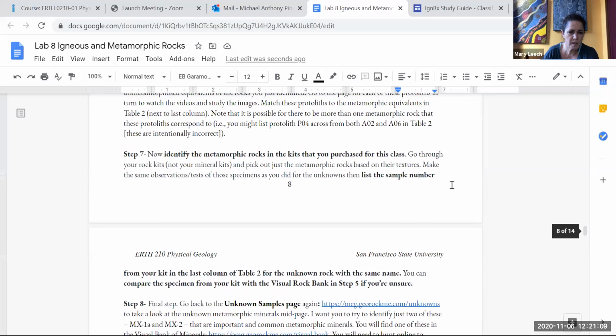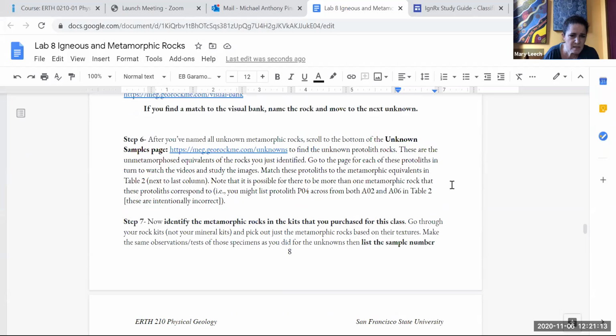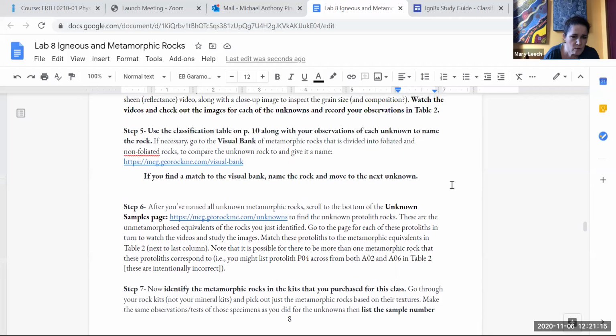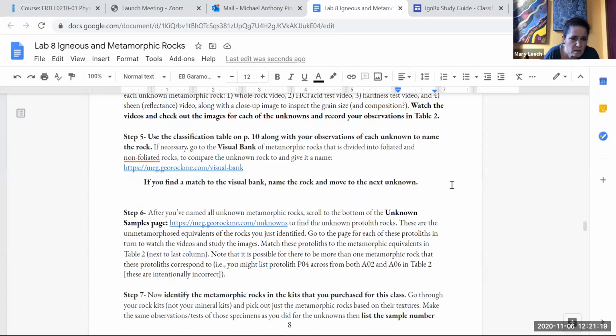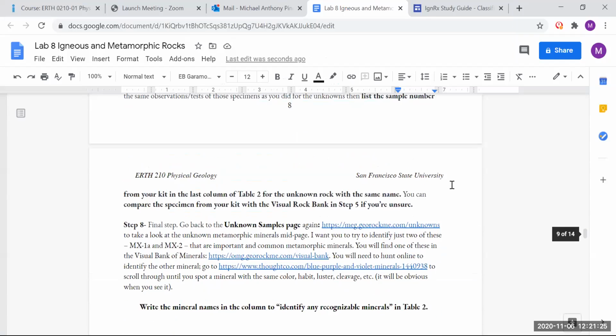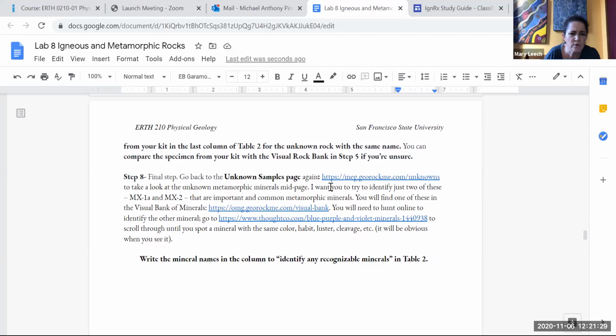Okay, unknown page. Identify. Nope. Step 6. No. Wait, you're going too far back, I think. It must be metamorphic rock kits. Maybe it's step 8. Oh, that's metamorphic minerals.